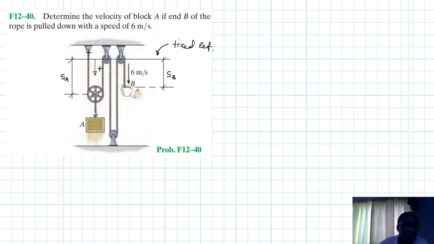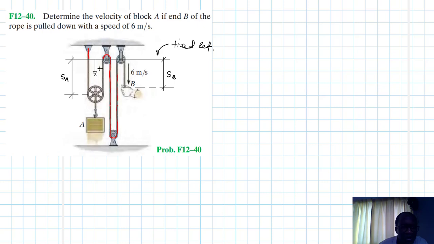Okay, so this one here is fixed, it's a constant, it will not change. And then we have this constant from here, this whole lot of it will not change. This is a constant, the whole lot of this will be the same. As SA and SB change, this will remain the way it is.